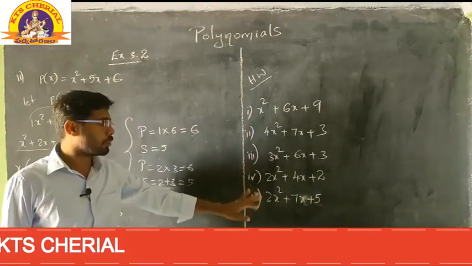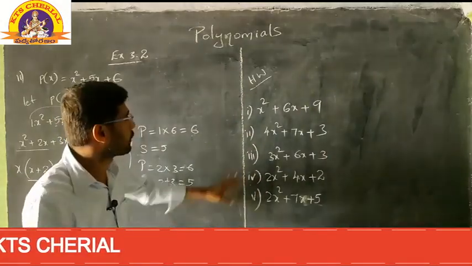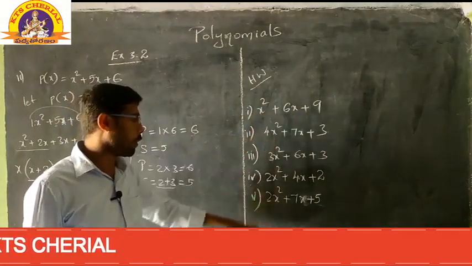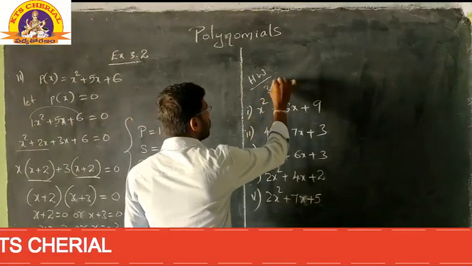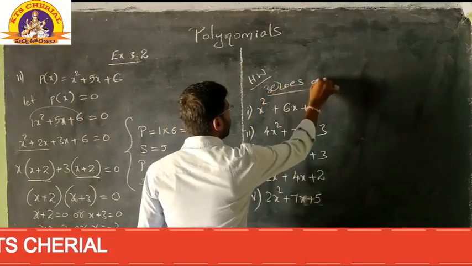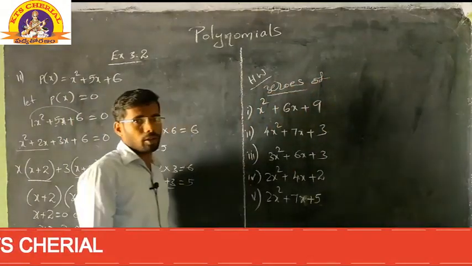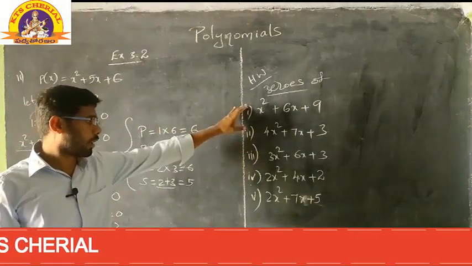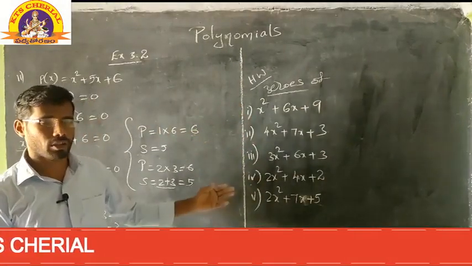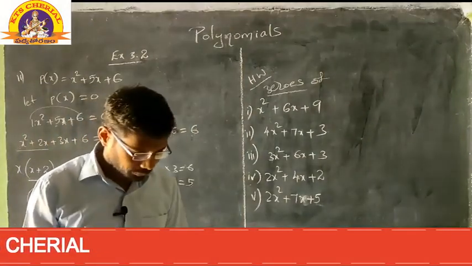Now, these 5 problems you do, try yourself, you practice. You have to find the zeros of these polynomials. You try these 5 problems, you find the zeros of these 5 problems.